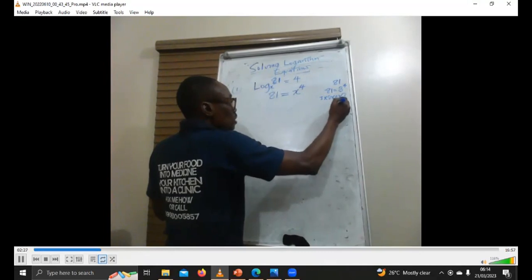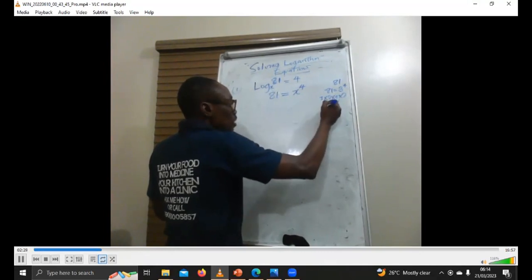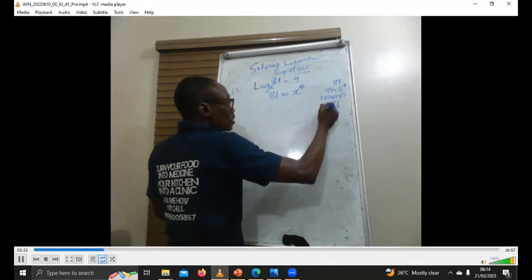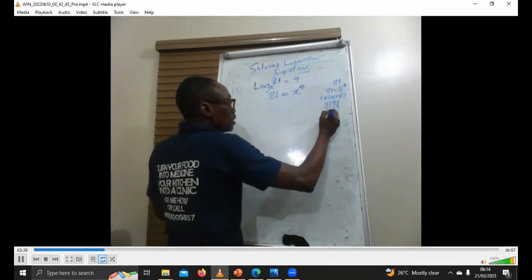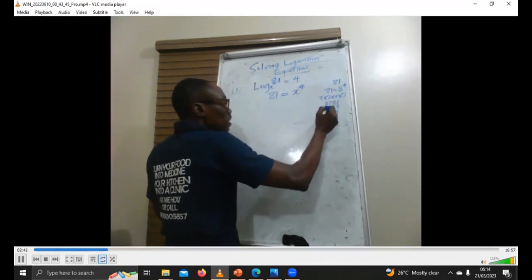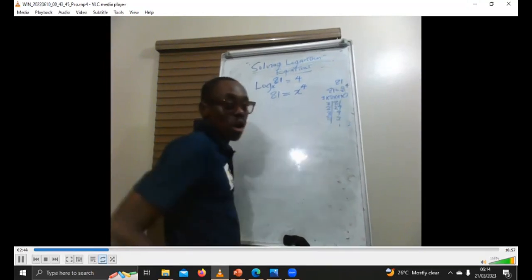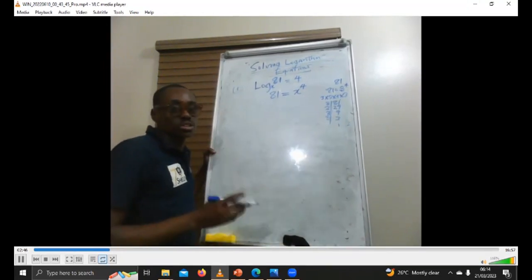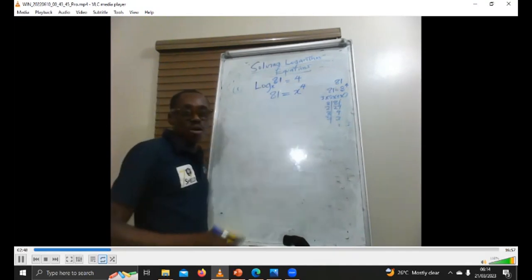I actually showed this. If you use the factor method, 3 in 81 is 27. 3 in 27, 9. 3 in 9, 3. 3 in 3, 1. So 81 is equal to 3 times 3 times 3 times 3. That is 3 raised to power 4.